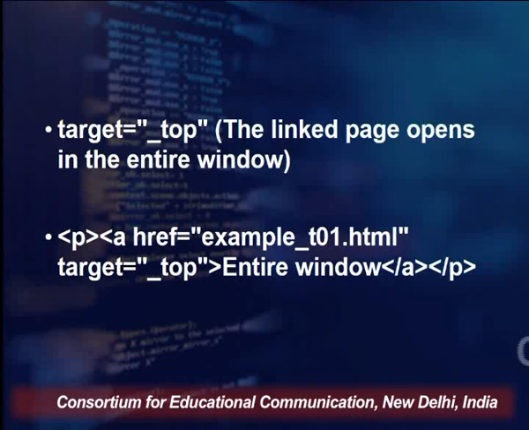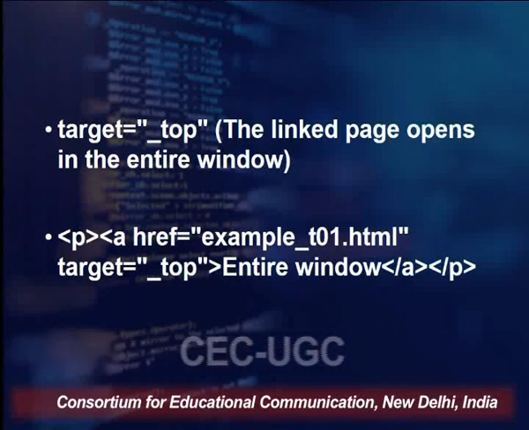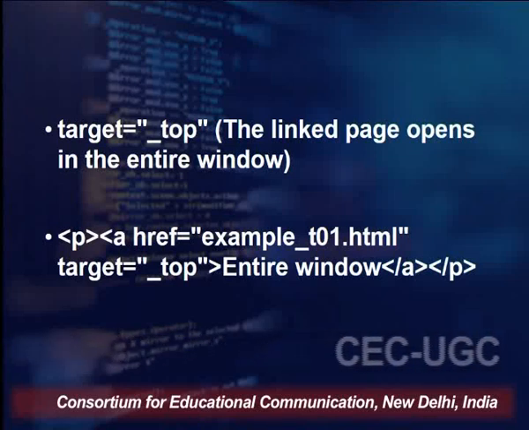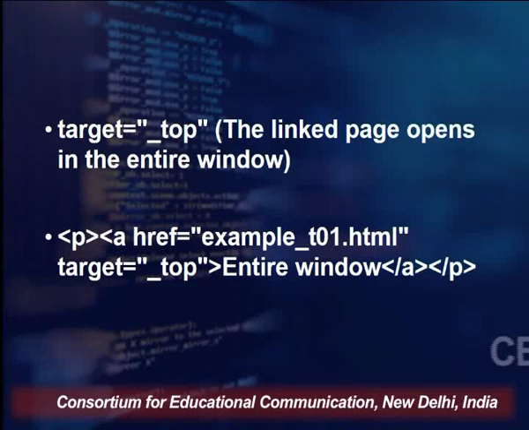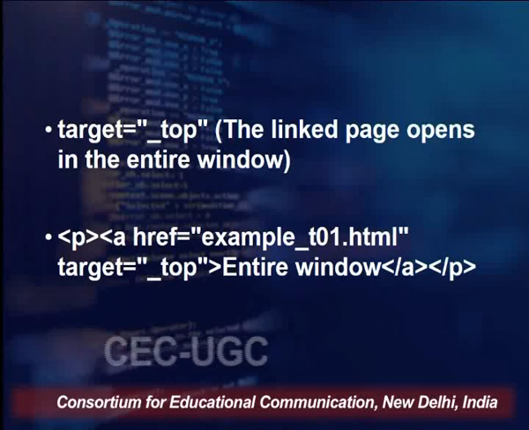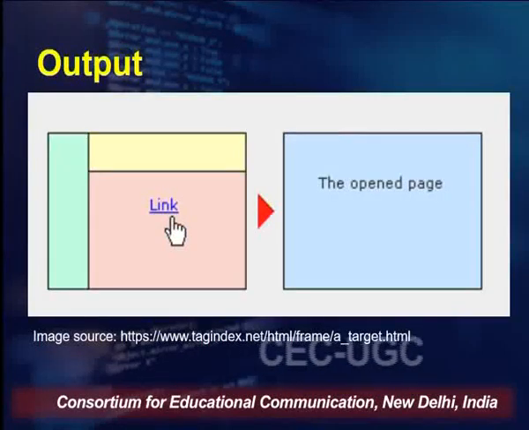The command will be a href equal to example1.html, whatever file name you need to have here, target equal to _top, and then there is a text. So this example t01.html is going to open in the entire window, and how will the result look?